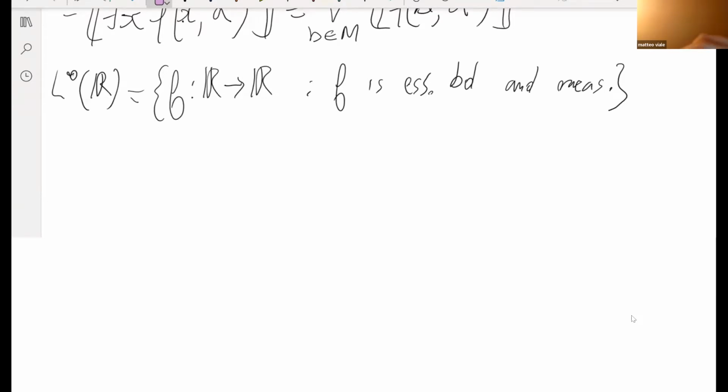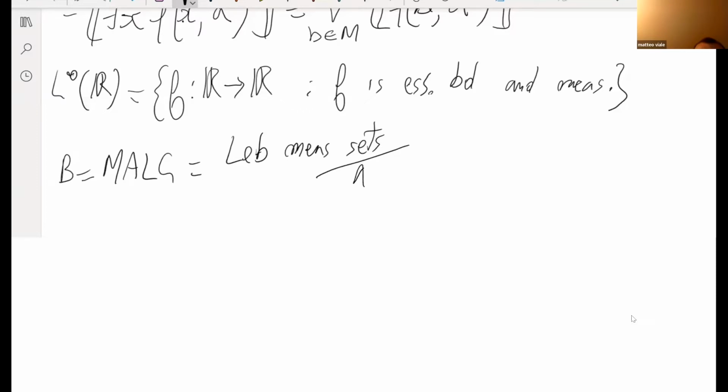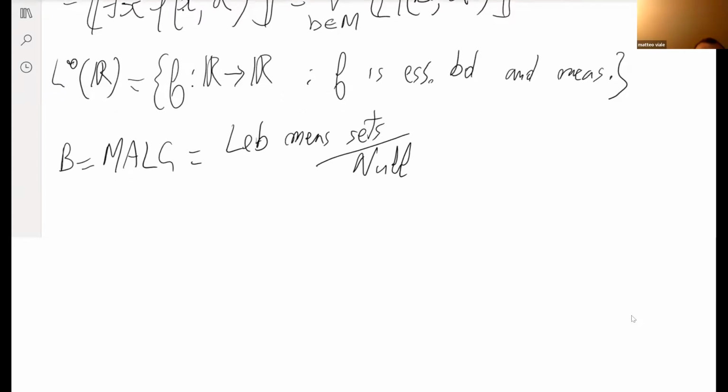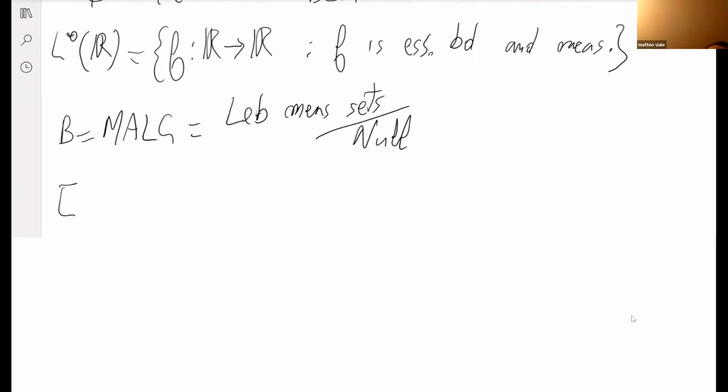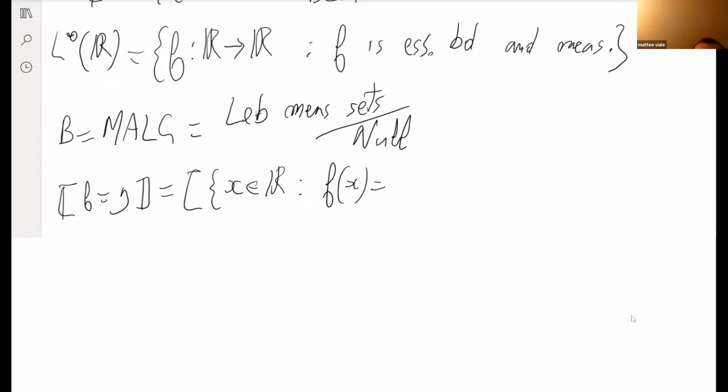Let me take MALG, which is Lebesgue measurable sets modulo null sets. And then I can assign to f equal g the equivalence class of the set of reals where f(x) is equal to g(x).